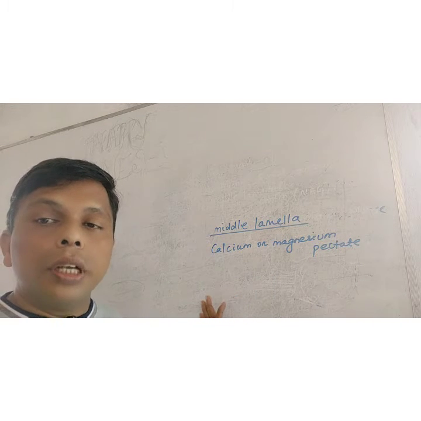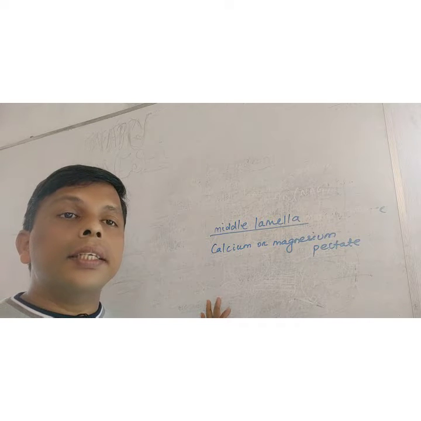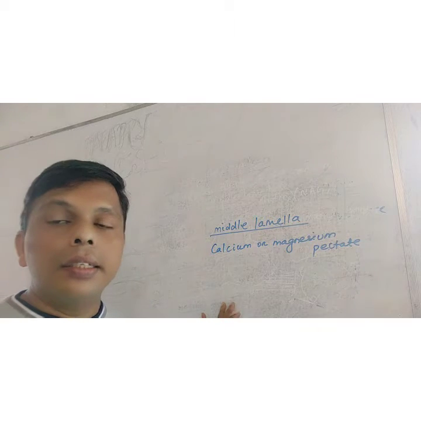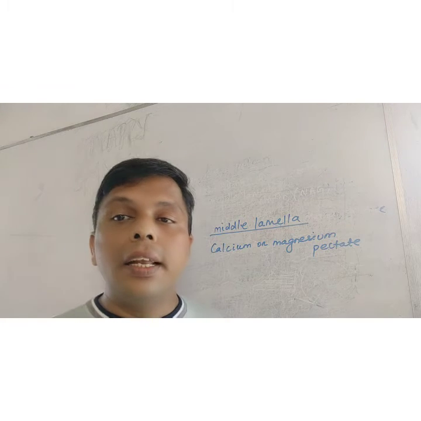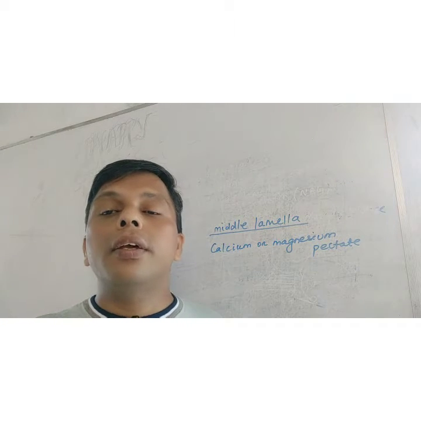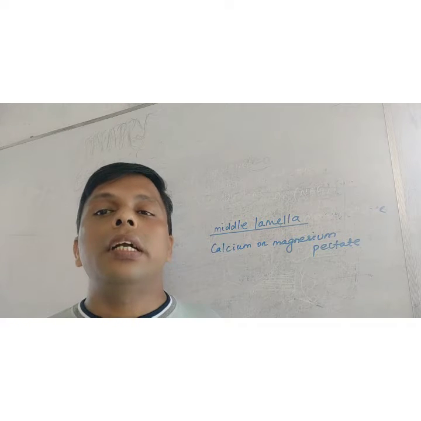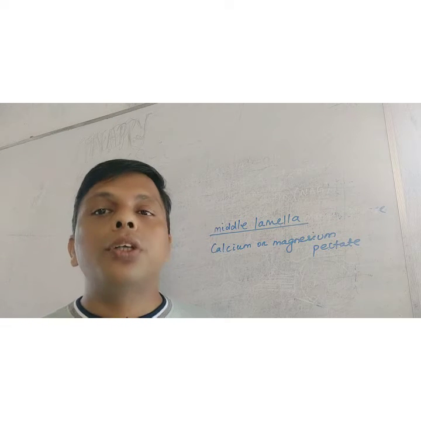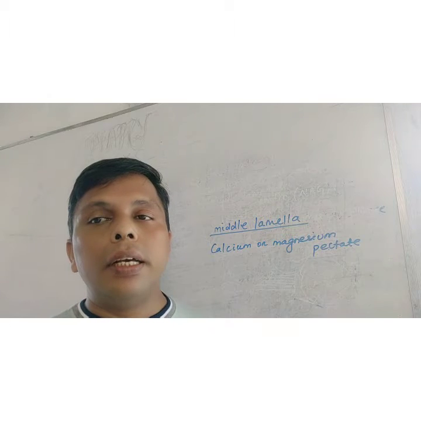What is its function? It holds adjacent cells together. In decaying cells and ripening fruits, they are soft. Why? Because the middle lamella gradually degrades in them. So this is about the middle lamella.